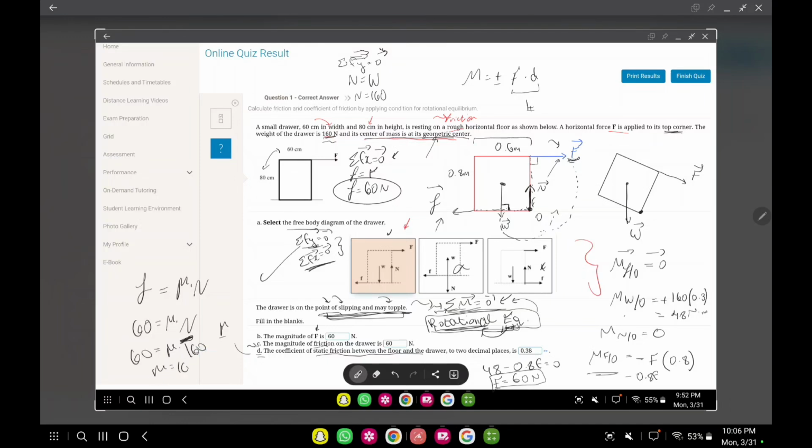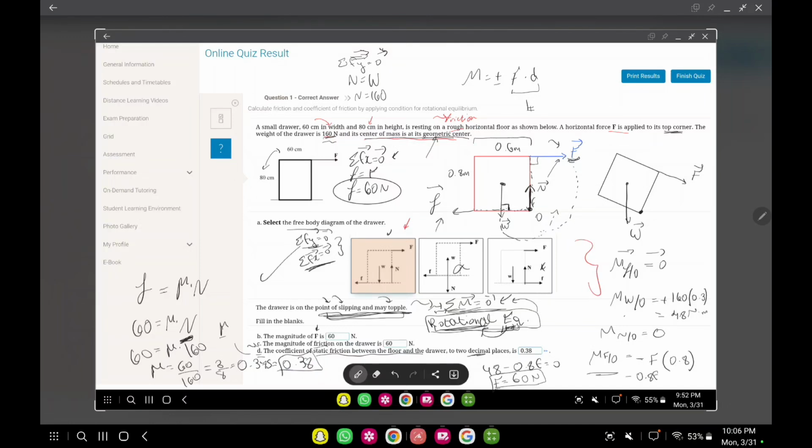So mu is equal to 60 divided by 160. You're going to get 3 over 8, which is 0.375, which is to 2 decimal places 0.38.